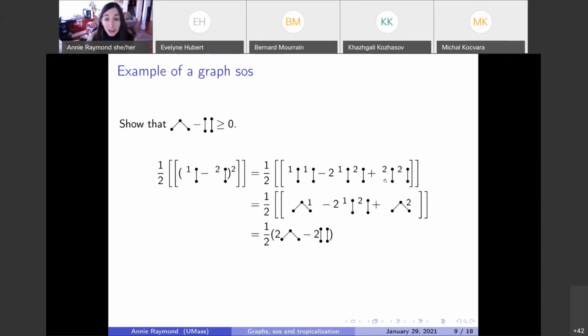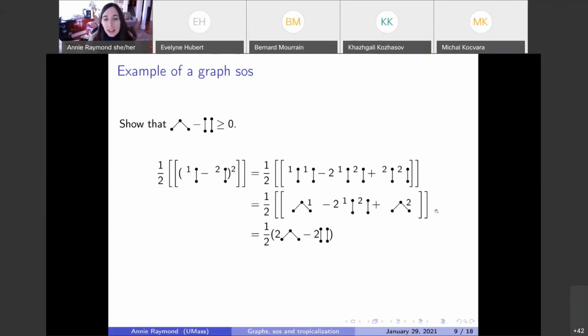Then, okay, I know how to do multiplication. In my first term, I have 2 labels that are the same, so I glue them. In my second term, I don't, so there's nothing I can do. In my third term, again I have 2 vertices that are labeled the same, so I glue them.